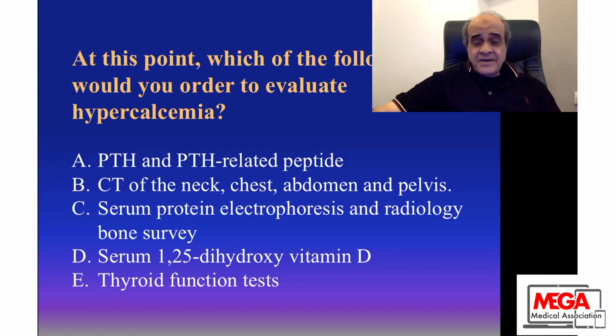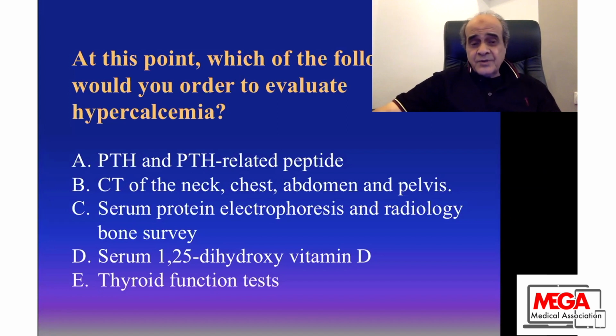But I think it is very simple to order first a parathyroid hormone estimation and the parathyroid hormone related peptides and see if it is normal or if it is high. Serum protein electrophoresis and bone survey: I think these patients have normal CBC, and so the thinking of multiple myeloma and so on is not present.